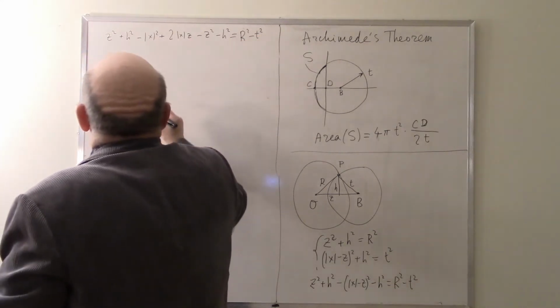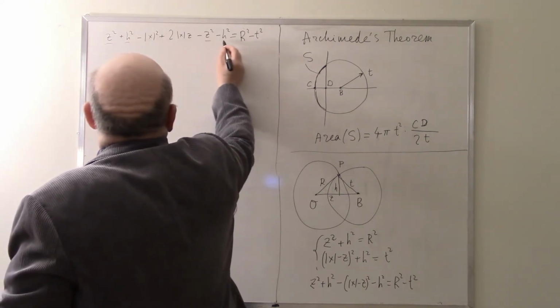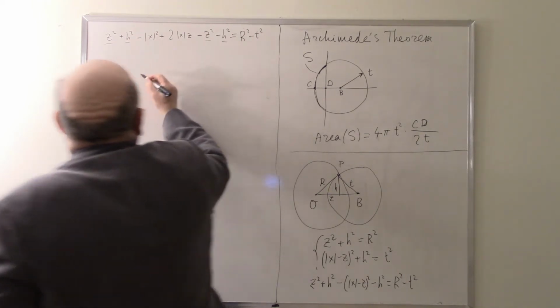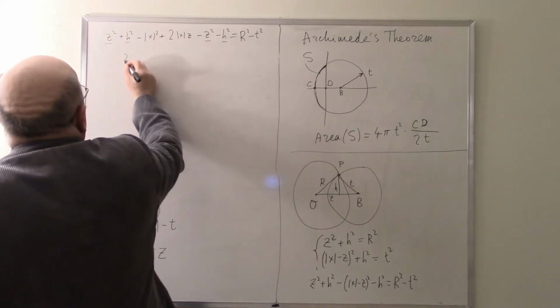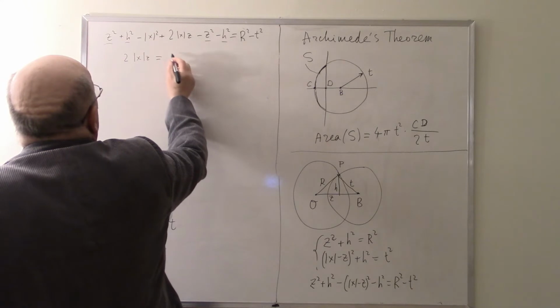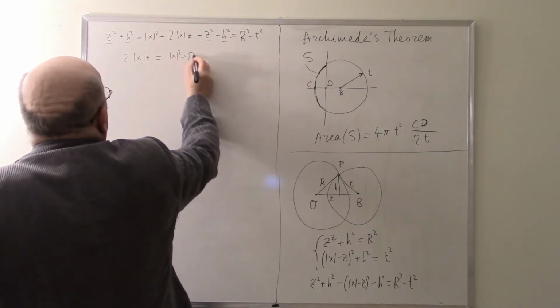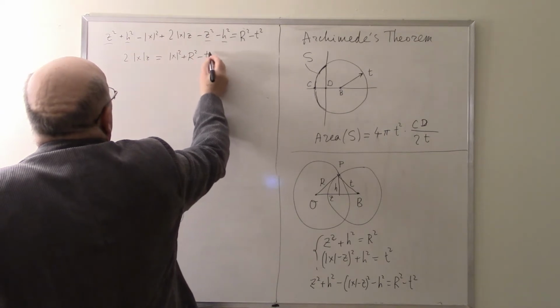Now here something is cancelled. This and this cancel, and we have 2 module X Z equals module X square plus R square minus T square.